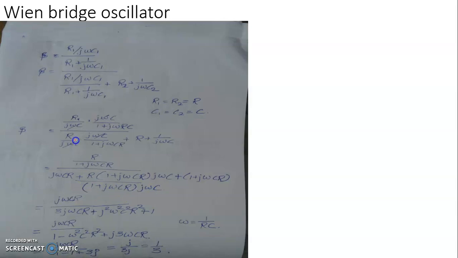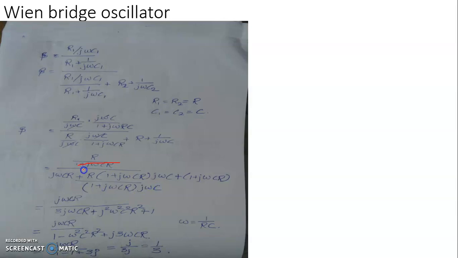So first term becomes j omega CR, and for this term the entire product must be there. j omega C into 1 plus j omega CR into R. Plus here j omega C is already there, then I'll have to multiply it by 1 plus j omega CR in the numerator. So the common denominator becomes this one.